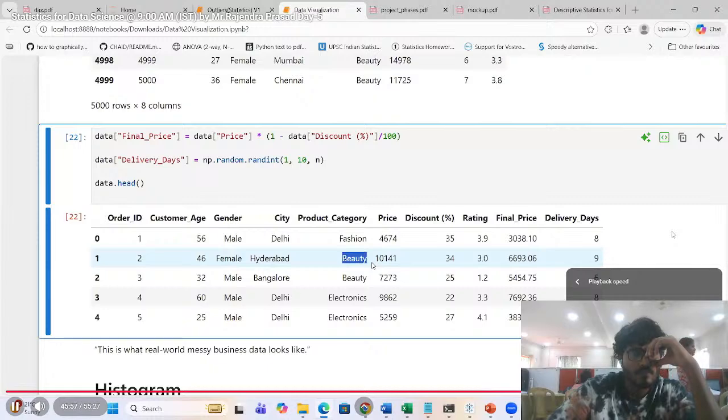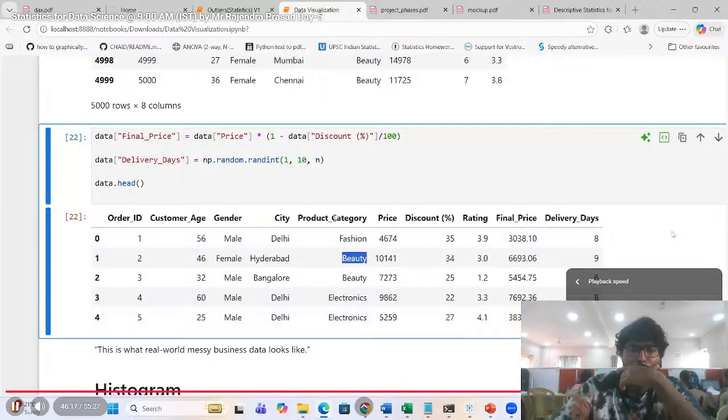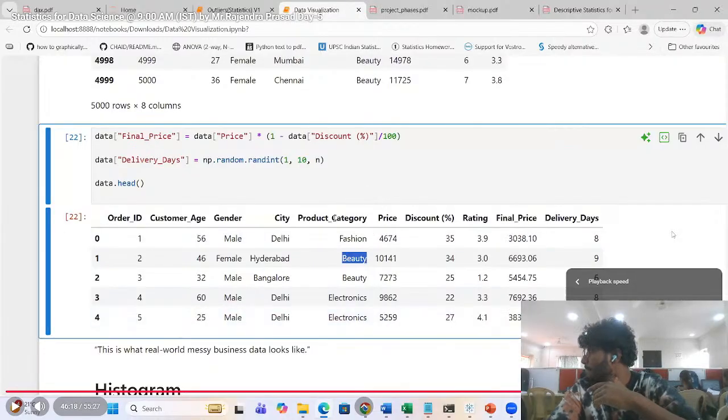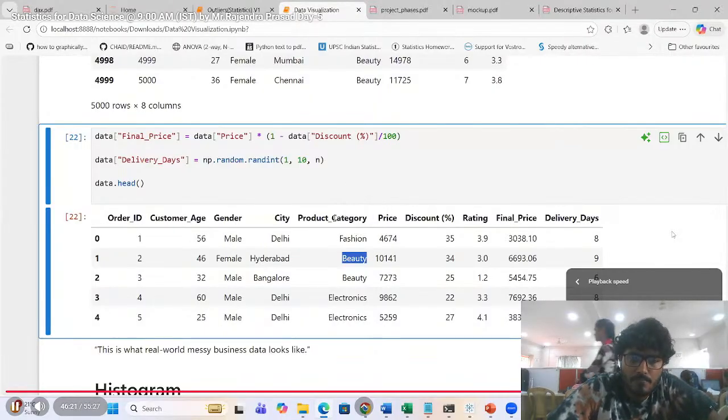But the primary rule in a bar chart: before going to do the bar chart, you need to calculate the frequency table. What is the frequency table? You know group by, pandas group by. You need to do the group by on the column called product category, df dot group by product category. You need to do the aggregation called count of order ID. Yes or no?